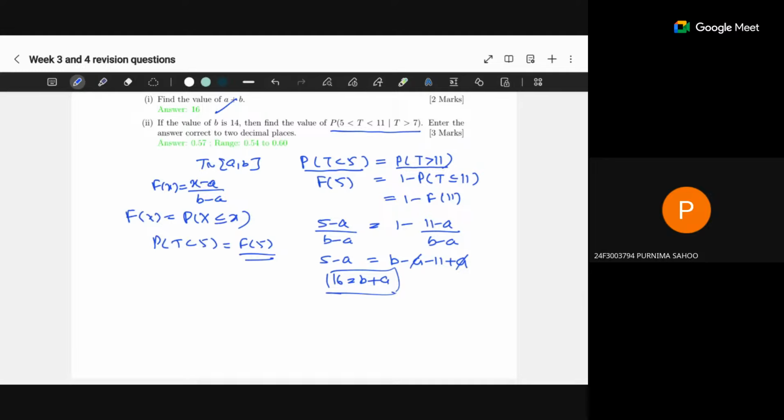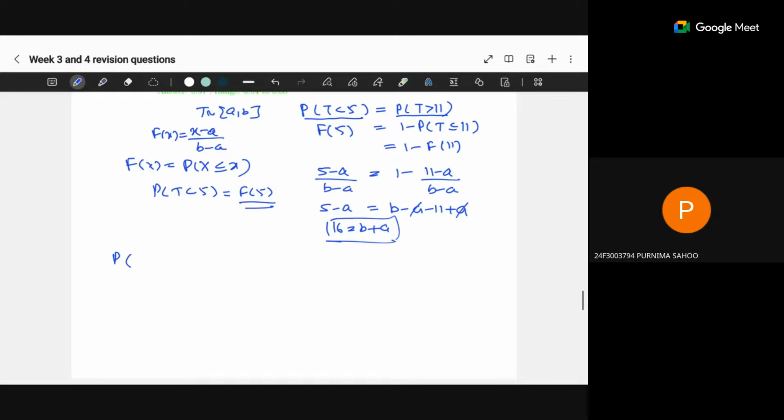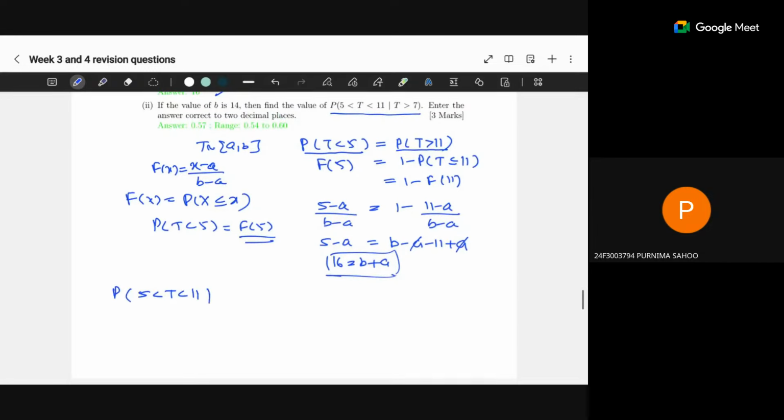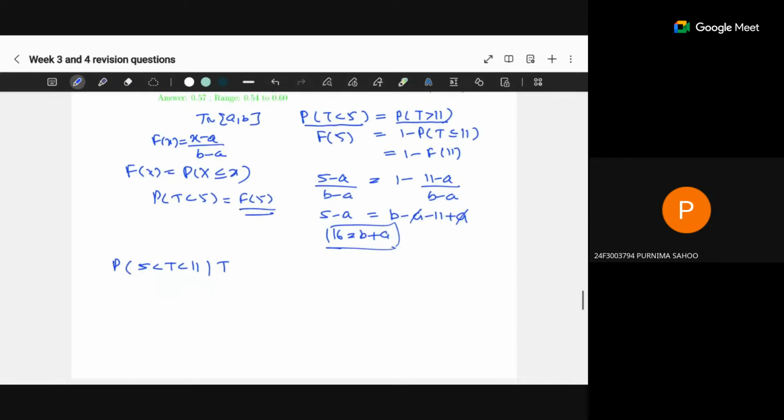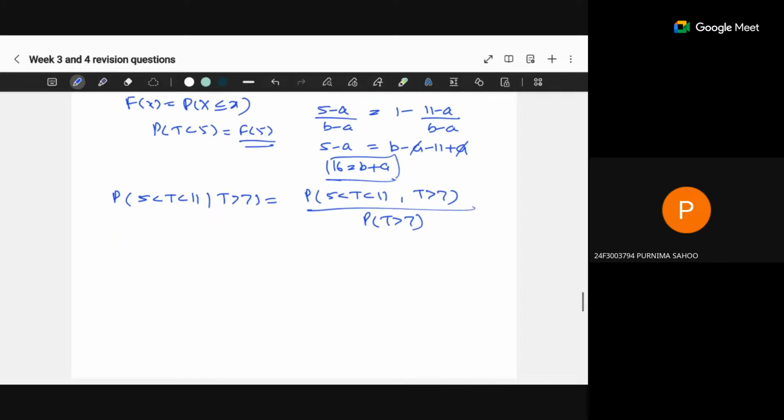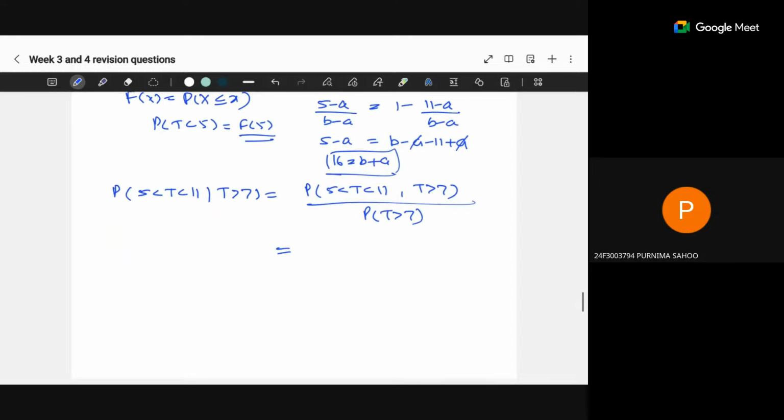So can you do the second part? In the second part they are asking the probability that t is between 5 and 11, given that my t is greater than 7. So this can be written as the probability that t is less than 11 and t is greater than 7, divided by the probability that t is greater than 7. Now, what is the common region in this? 7 to 11.